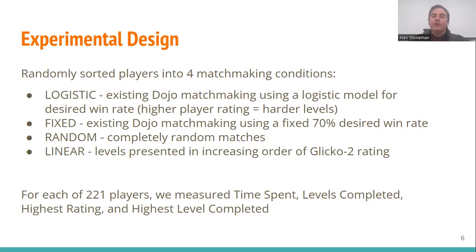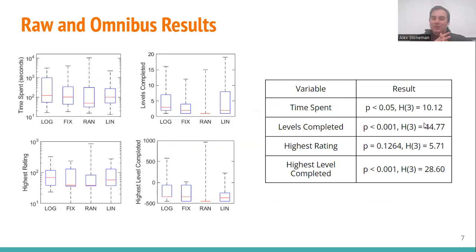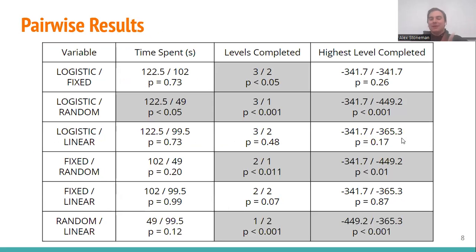And for all of the players, we measured time spent in the Dojo, the number of levels they completed, the highest rating they achieved, and the highest rating of the levels they completed. We collected all of this data and performed statistical analysis. I won't bore you with the details during this brief talk, but we can talk more about it later if you'd like. But ultimately, we did see omnibus and pairwise statistically significant differences.